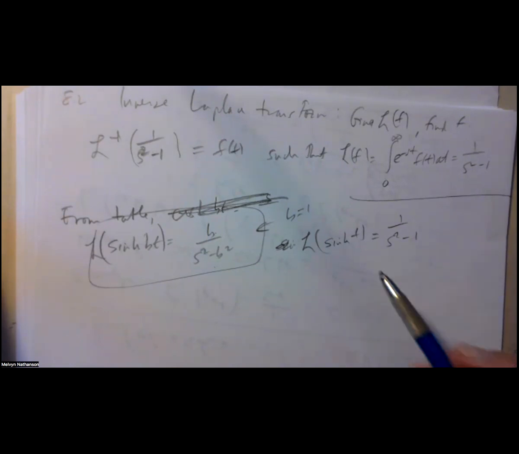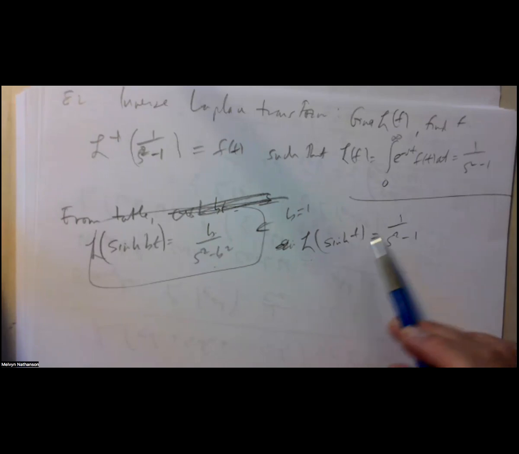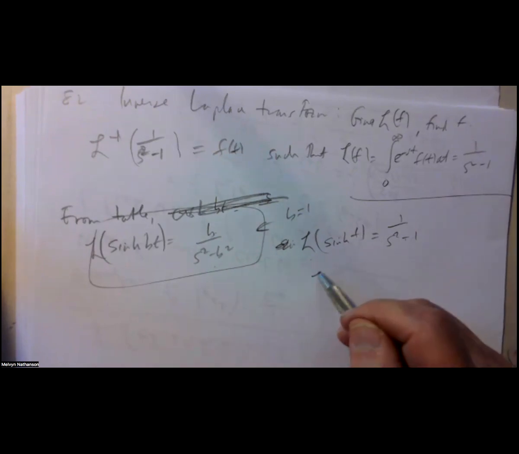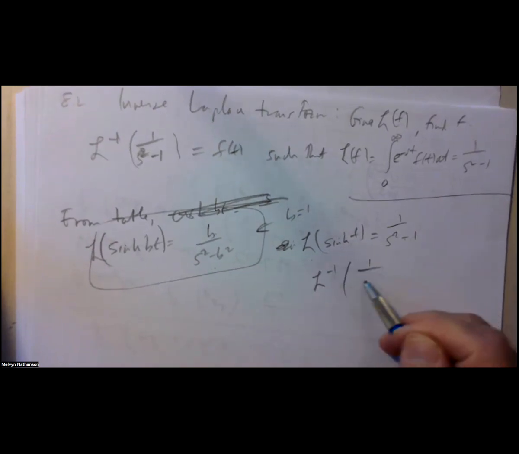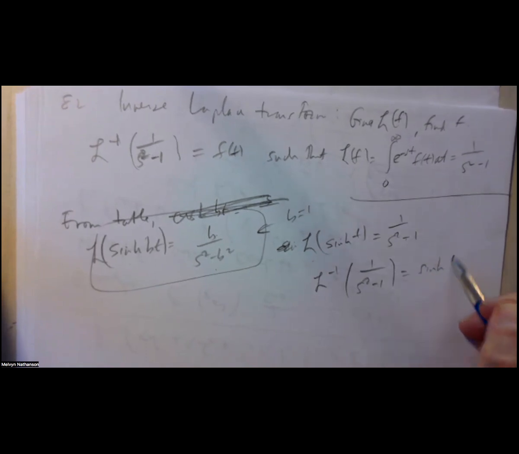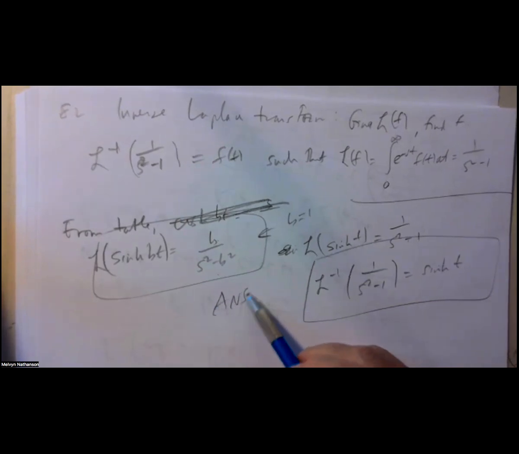So that's the answer. If the Laplace transform of the hyperbolic sine of t is 1 over s squared minus 1, then the inverse Laplace transform of 1 over s squared minus 1 is the hyperbolic sine of t. So that's the answer to the problem.